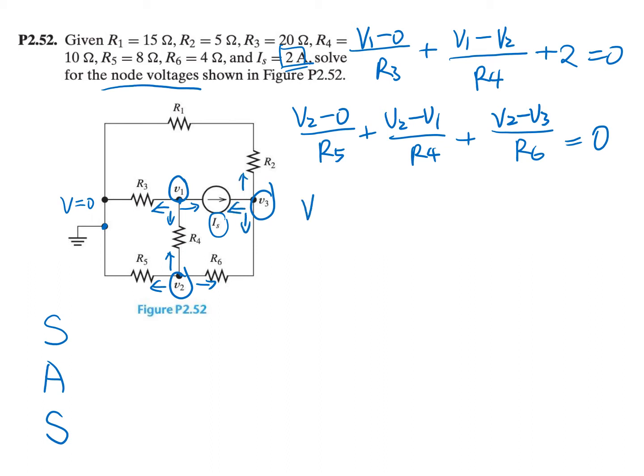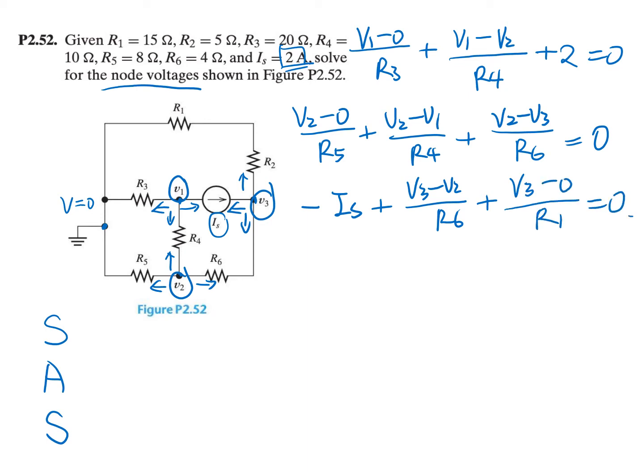Assume V3 minus V1, because we have a current source here. So similarly, we have minus IS. And then we have V3 minus V2 divided by R6. Then plus V3 minus 0 divided by R1, that's equal to 0.